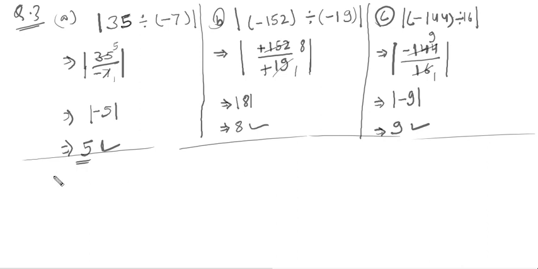Now come to the next question. Next question is question number D. Let me rough this. That is minus 20 minus 50 minus 15 divided by 3 minus 2 in the determinant.